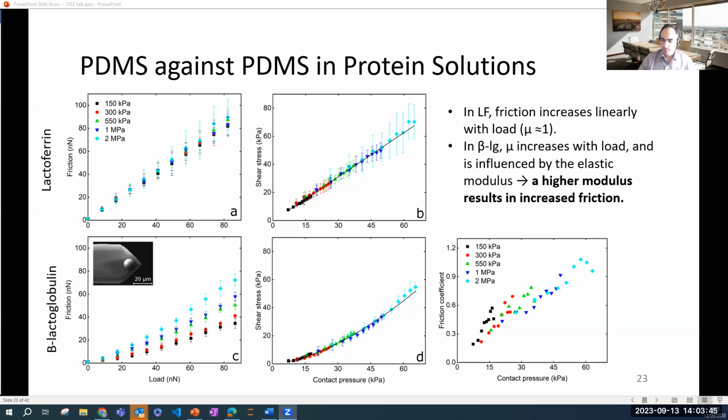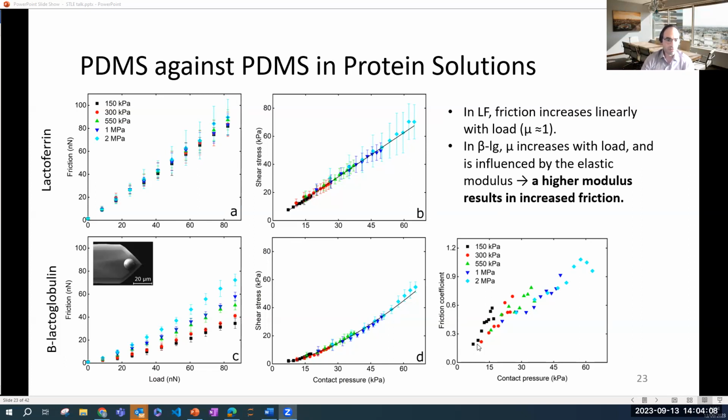The same happens when you plot the shear stress versus contact pressure, where it's increasing exponentially. So the coefficient starts from about 0.2, as we can see in the graph here, and rises to about 1 at higher loads.